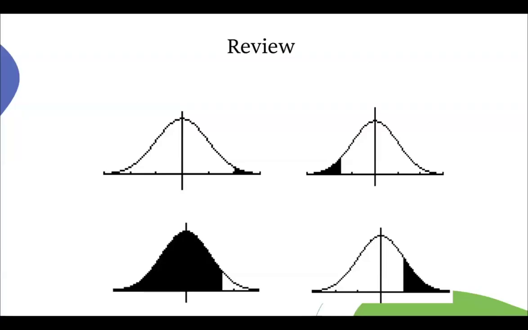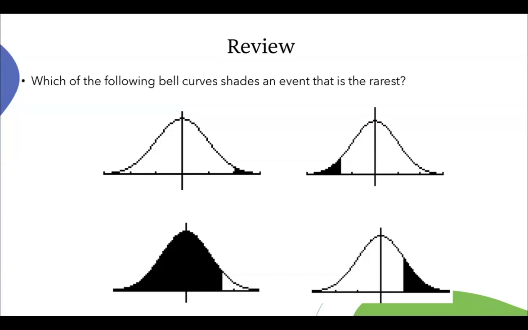So let's look at these 4 normal distributions with shaded areas. My question is, which of the following bell curves shades an event that is the rarest? Which one is the rarest event?